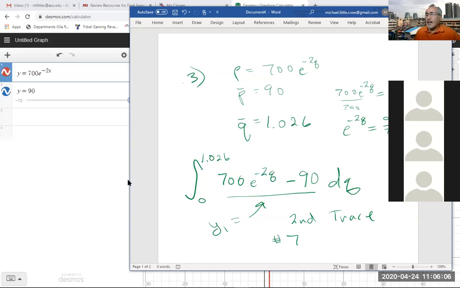Then again the lower bound is 0, the upper bound is 1.026. At this point I can't do that because my calculator license is gone, and I'll get through that and do some over the weekend, but that will give you a correct answer.